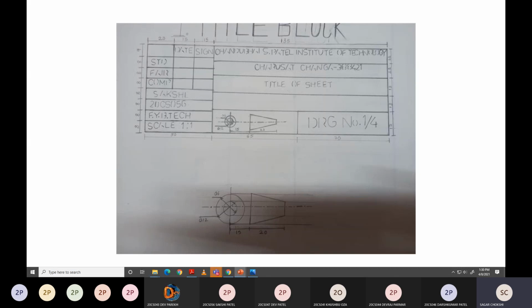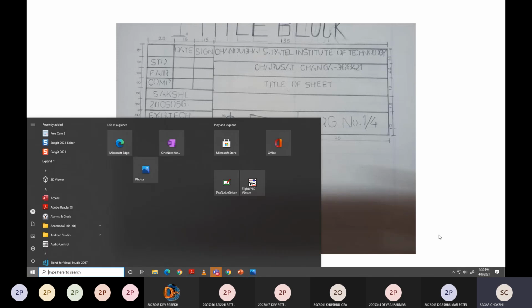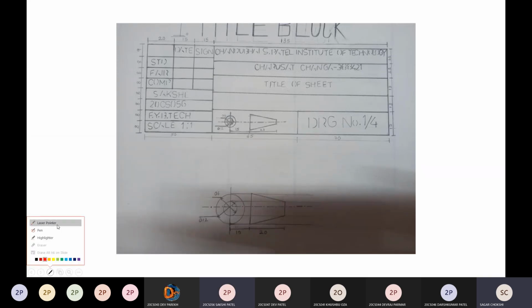I don't know whether you took the photograph this way or made it like this. No, sir, it is in the center only. Okay, the photograph is taken in this way. Here the projection lines are missing.